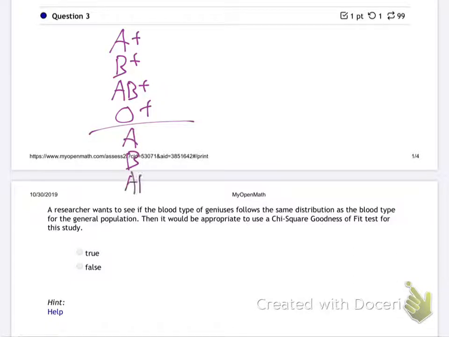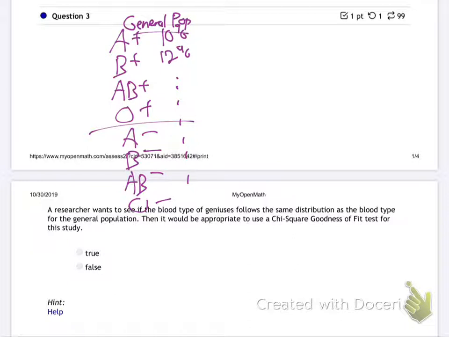So there's 8 different blood types, and what percentage of people have A positive? I don't know, 10%, 12%. I'm just guessing. I have no idea. But there's some kind of percentages for the general population, like everybody.